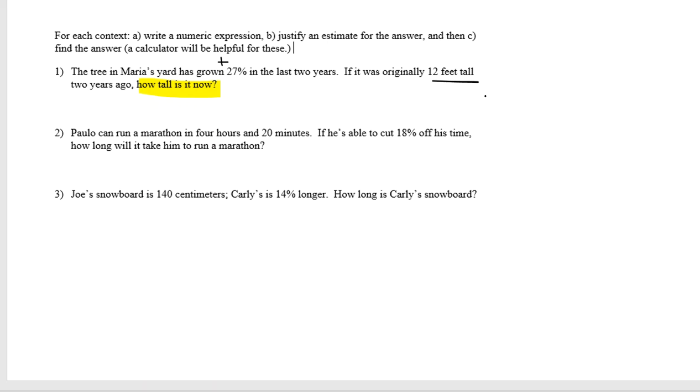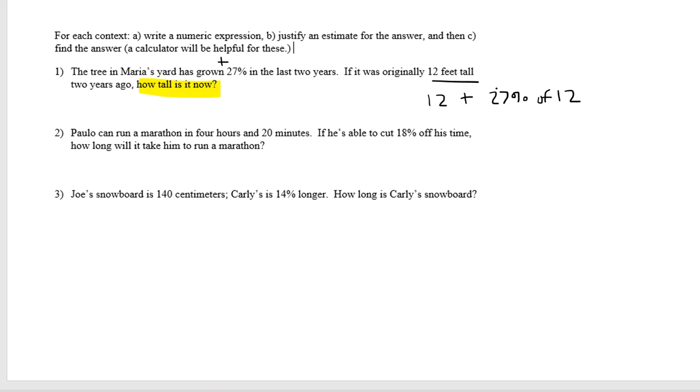The first way is that we can take the 12 feet tall that the tree was originally, and we can add 27% of that, and that will tell us how tall the tree is now. So let's do that way first, and then I'll show you the other way.